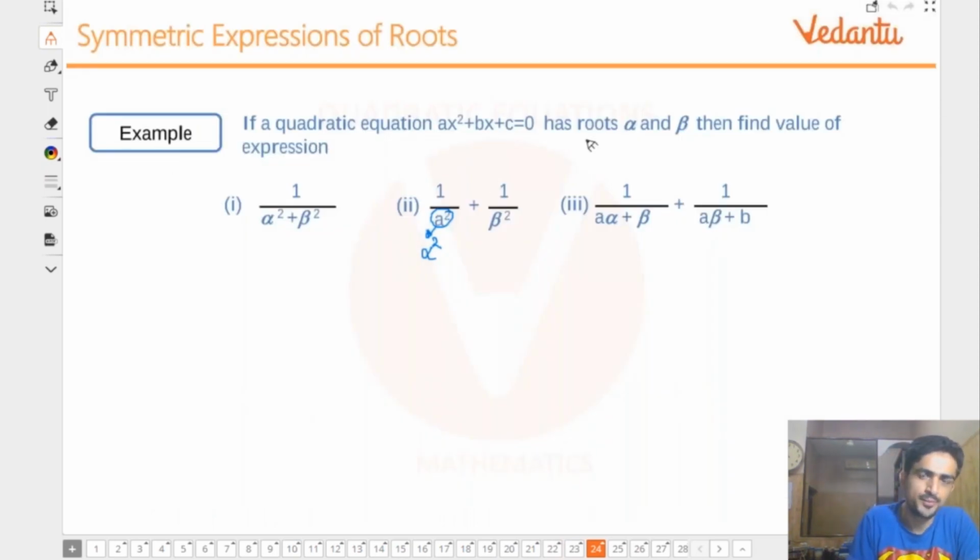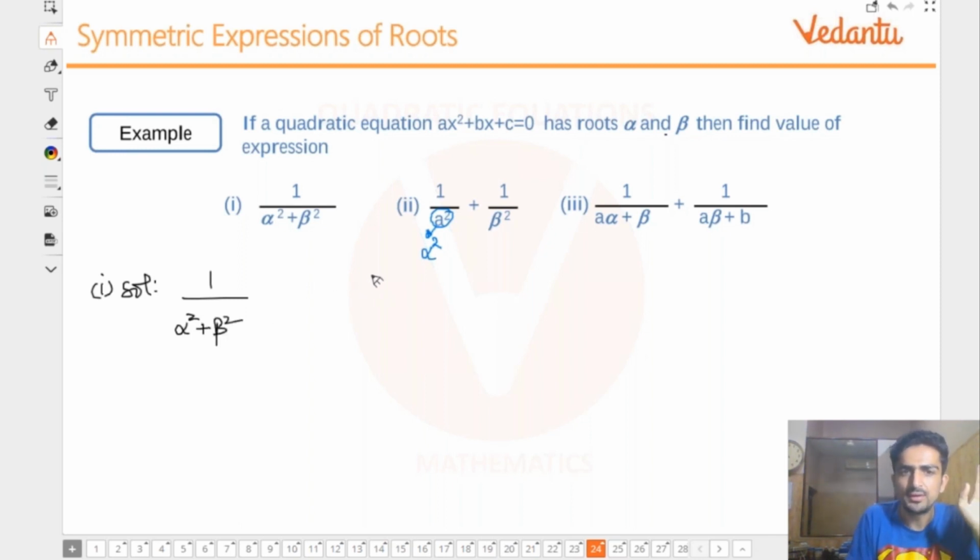Read the question. If a quadratic equation ax square plus bx plus c equal to 0 has roots alpha and beta, then we need to find the values of this expression. Let me do the first for you, and the rest of the questions you try. We need to find the value of this. What information do we have? We know that the roots of this equation are alpha and beta.